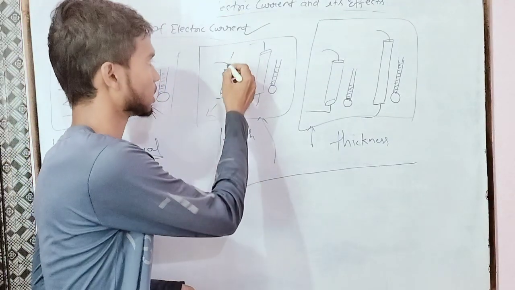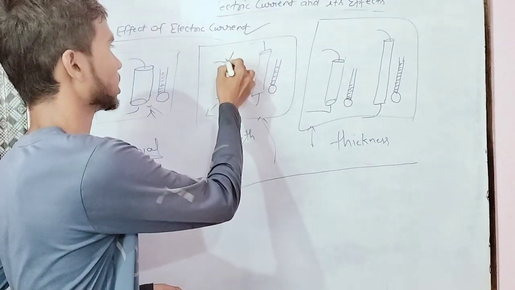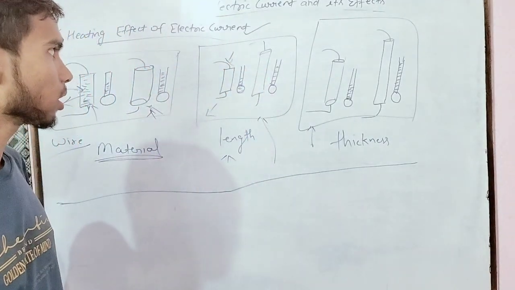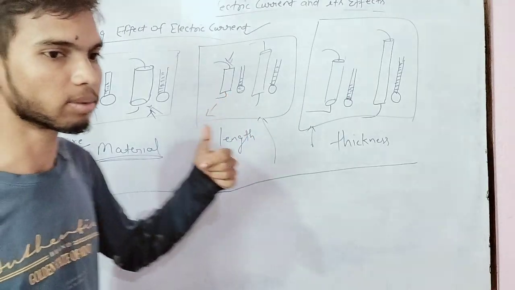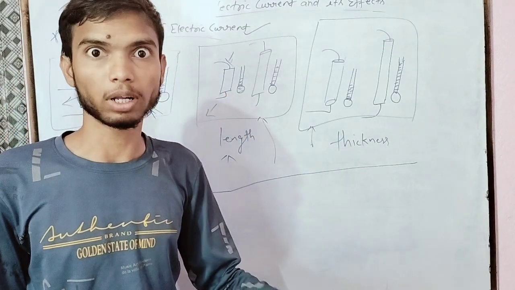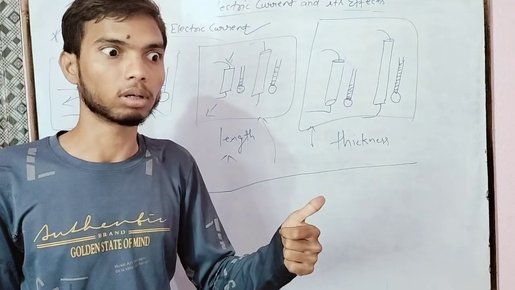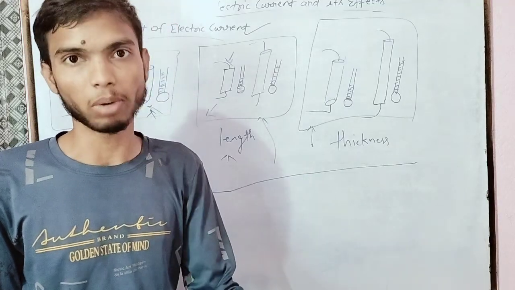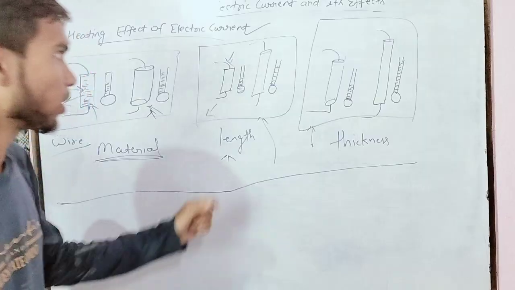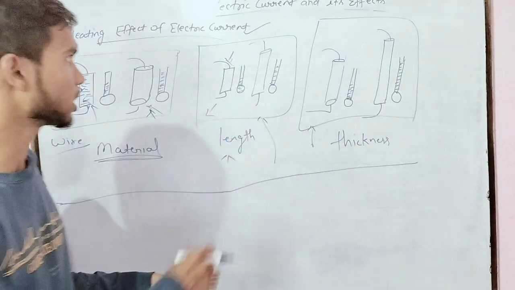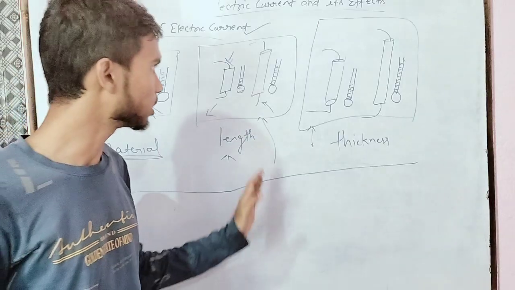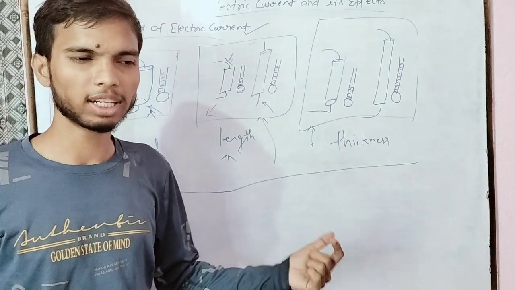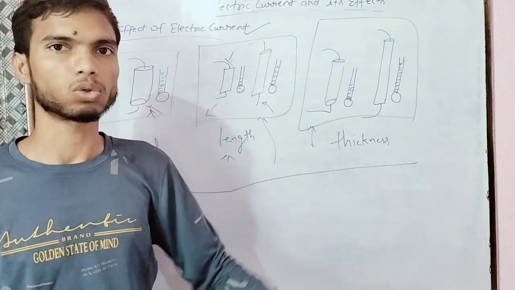Now here, what is the length of this wire? It doesn't matter whether the wire is made of a strong material or a weak material. But let's just say this is a weak material, then it will heat very soon.